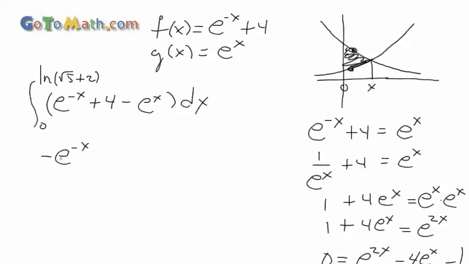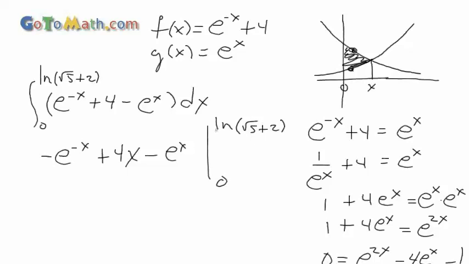Remember, use substitution, let u be this. I'll let you work on that. Plus 4x minus the integral of e to the x, which is just e to the x. And we're going from 0 to the natural log of the square root of 5 plus 2.